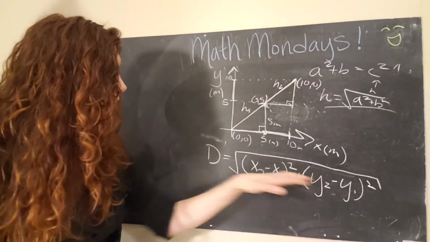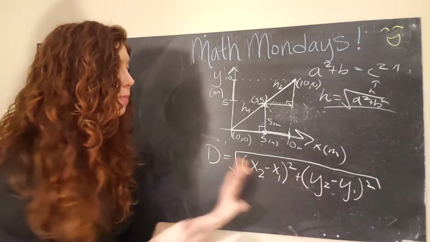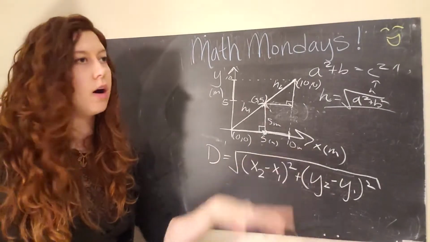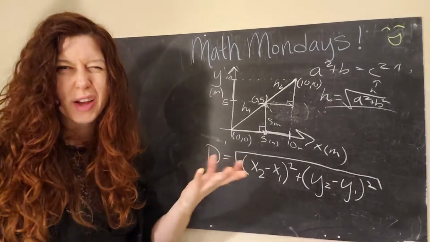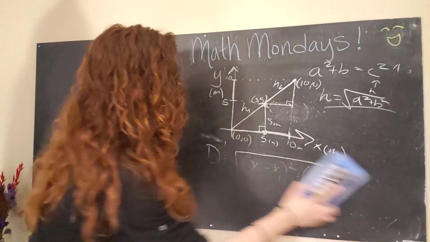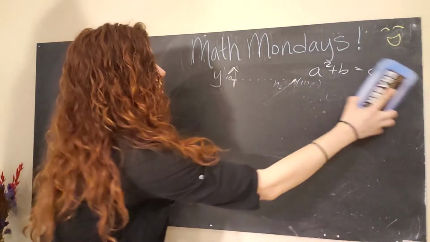Ta-da! And so this will work for any pair of coordinates in a two-dimensional coordinate system. Let's look at a little bit more complex example and apply this, and then we will talk about the midpoint formula.